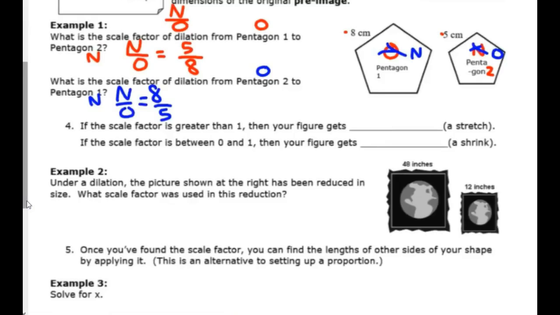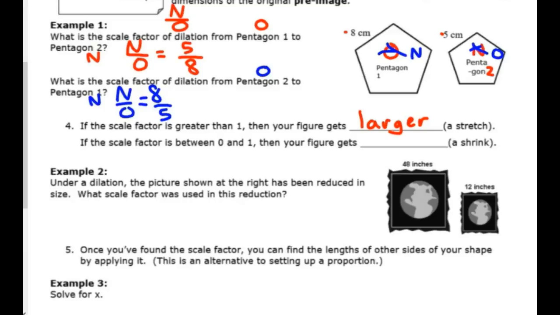So, if the scale factor is greater than 1, then your figure gets larger or smaller? Think about it. Greater than 1, larger or smaller? Larger, right? You could say bigger, but I think larger is a better word.